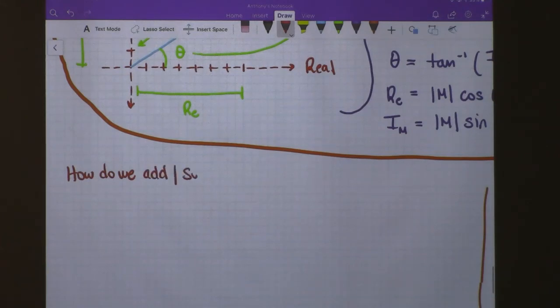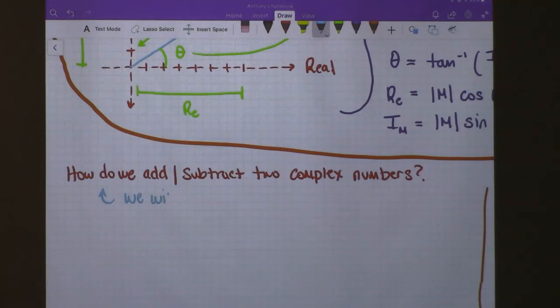So how do we add or subtract two vectors? I'll say complex numbers. So the first thing is that we will do this in the rectangular form.